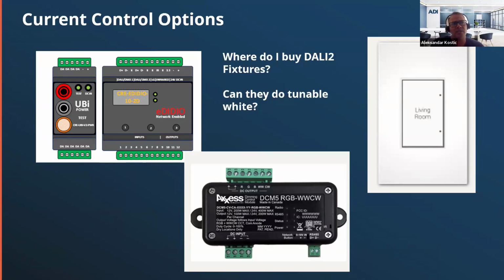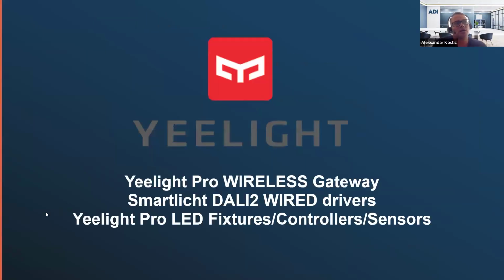So, first of all, regarding the Yeelight Pro, we have good integration with their Bluetooth gateway. All their lighting fixtures can be connected through the Bluetooth mesh network, and they speak with the gateway itself.